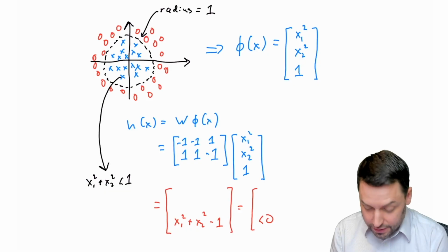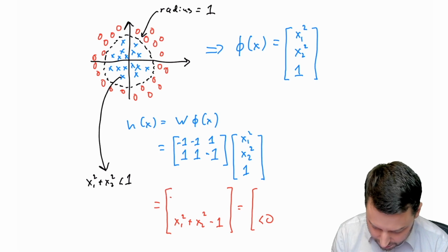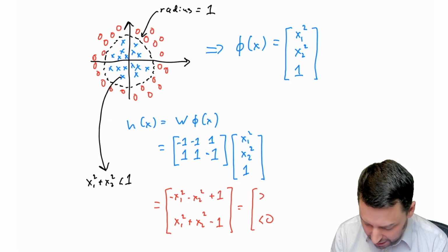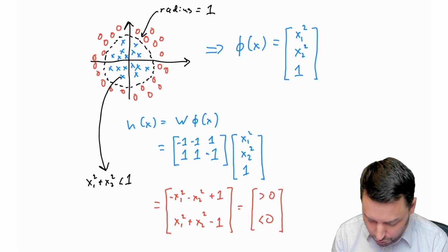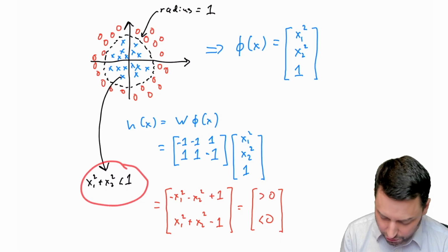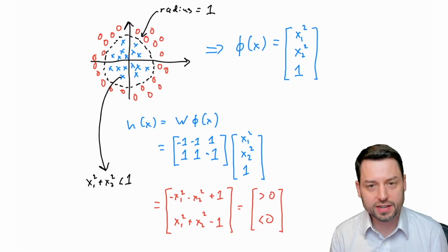In contrast, of course, because the first row is just the negative of that, this would be negative x1 squared minus x2 squared plus 1. We know that would be greater than 0. So whenever this point is within the unit circle, this term is bigger than that term, and otherwise we classify it as the other class.